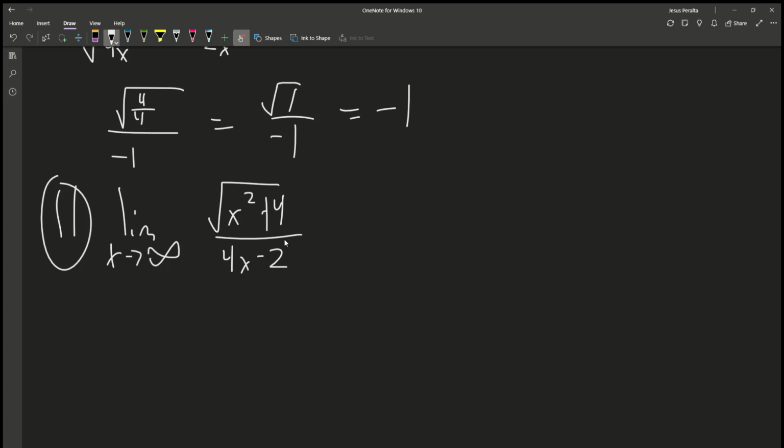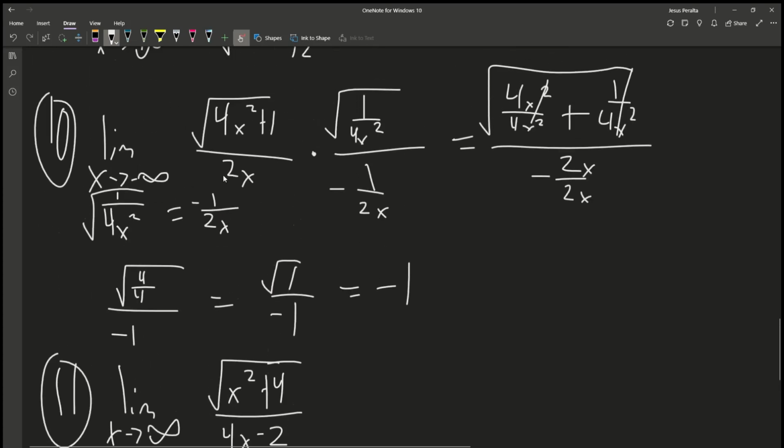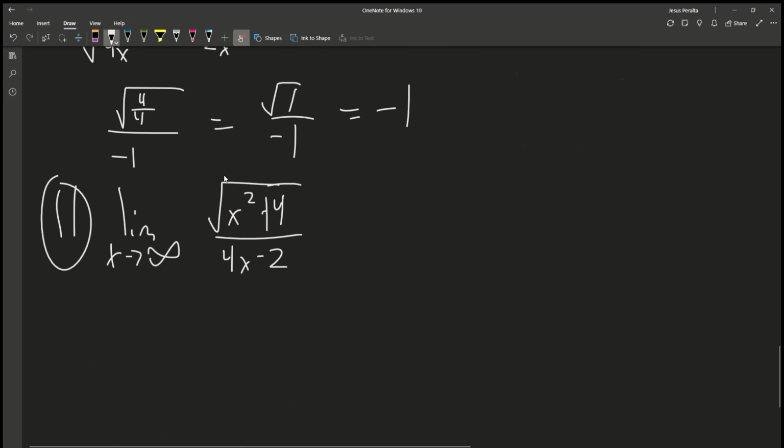From here, we get the square roots. Sorry, I kind of lost track of how to do this. So then you're going to get the square root of 1 over x squared, which is also equal to 1 over x. And we don't need to worry about anything being negative.